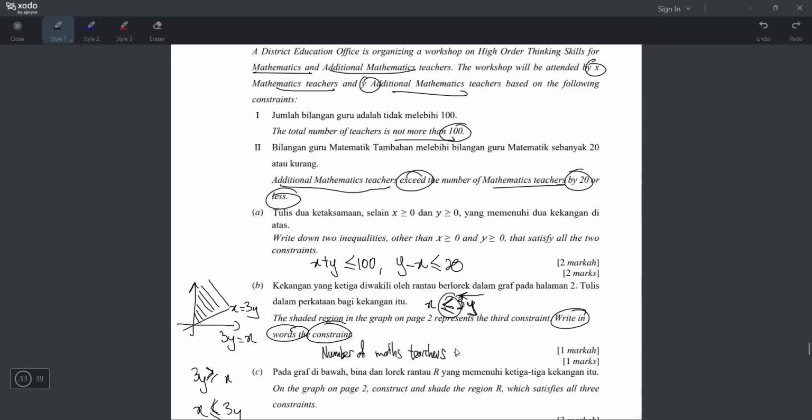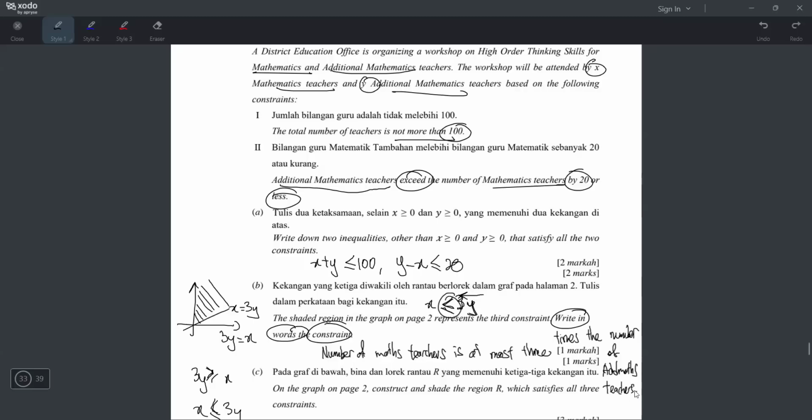So number of math teacher is at most. Okay, at most. Selebih-lebihnya, at most. 3y means 3 times. So it's at most 3 times the number of Addmaths teachers.